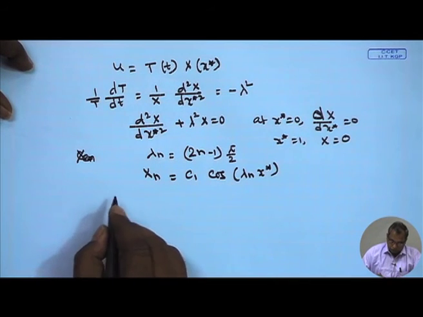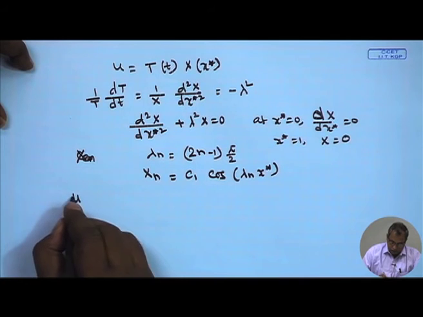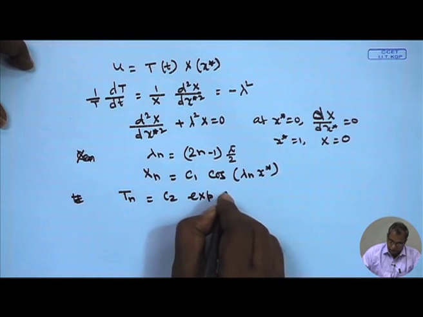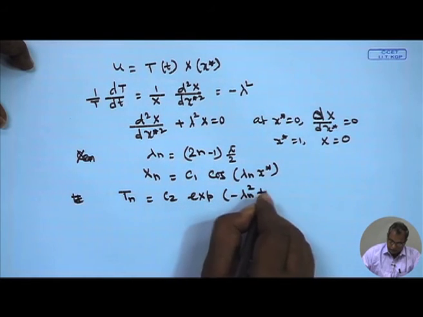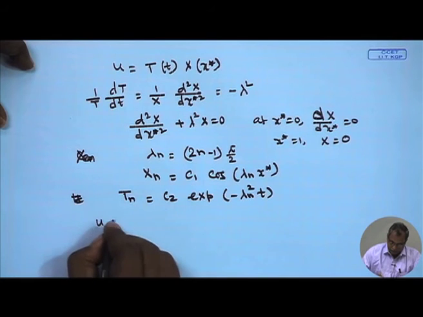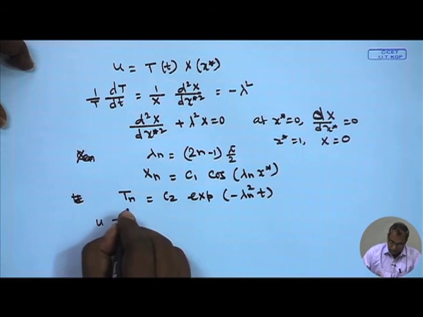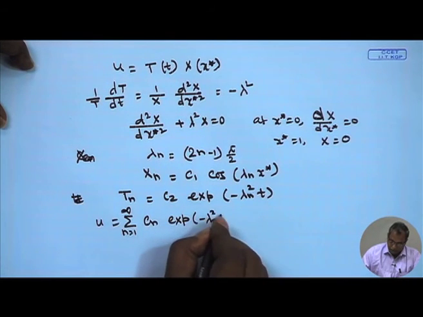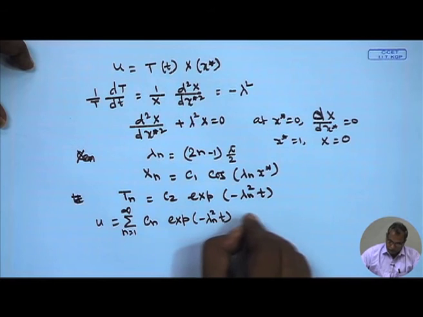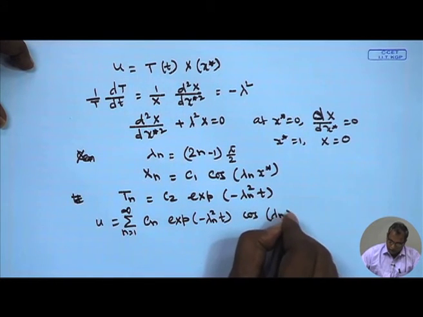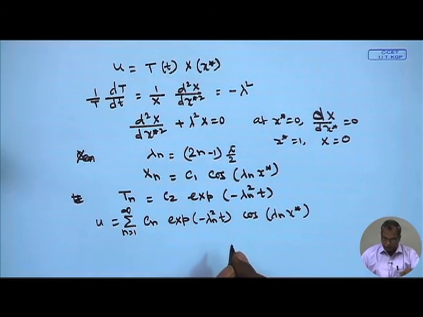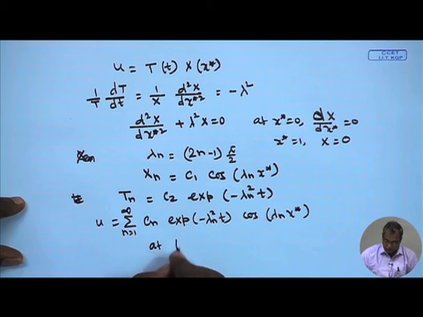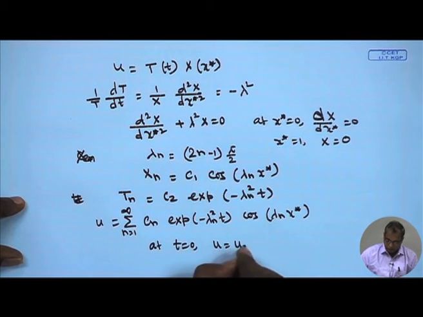And if you construct the complete solution, T n will be, let us say, c2 exponential minus lambda n square t, and the complete solution is u is equal to summation n equal to 1 to infinity c n exponential minus lambda n square t cosine lambda n x star. We can evaluate the constant c n by using the initial condition at t equal to 0, that means at t equal to 0, u is equal to u naught.